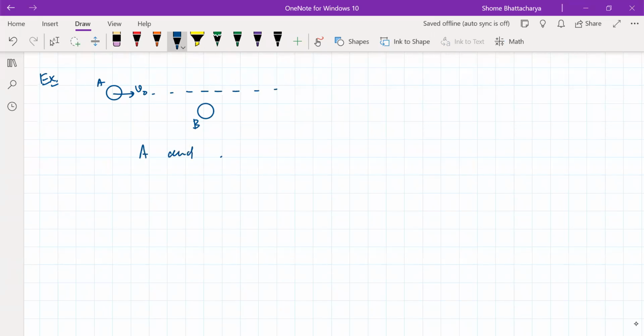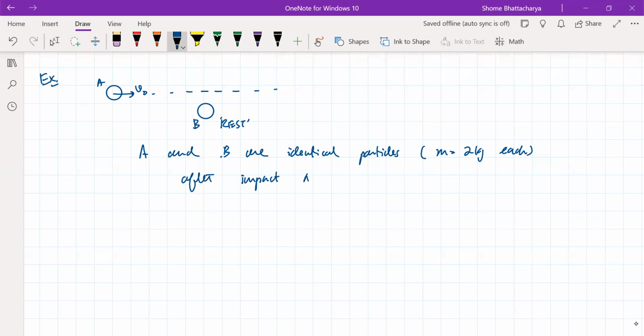So A and B are identical particles. After impact, A's final velocity is at theta equal to 30 degrees with respect to its initial velocity.